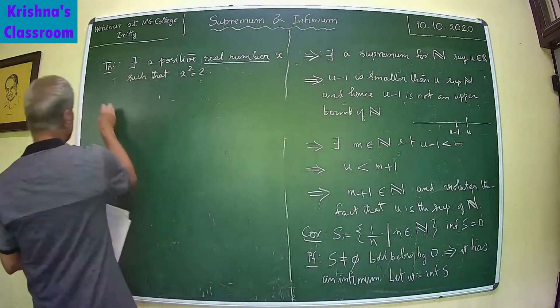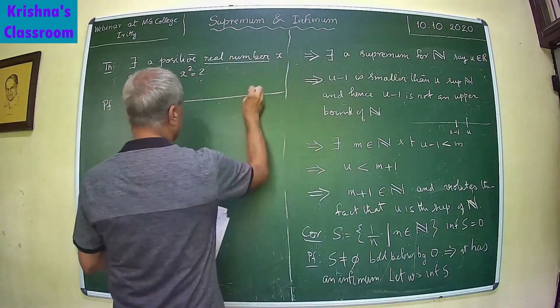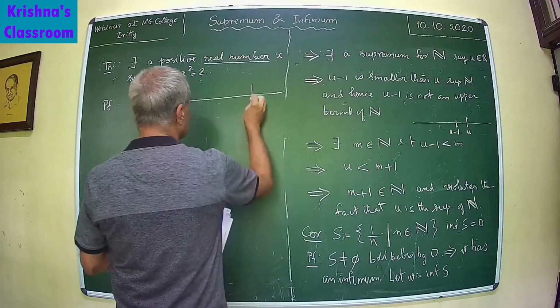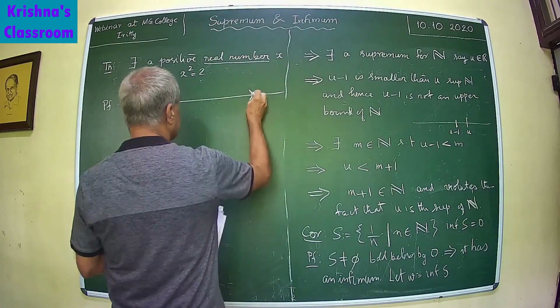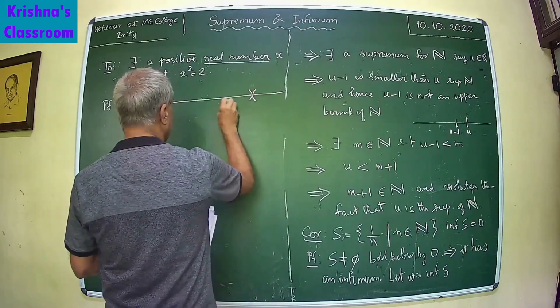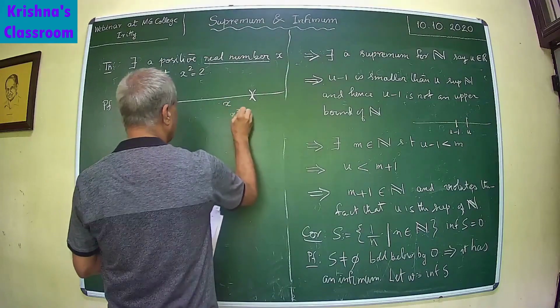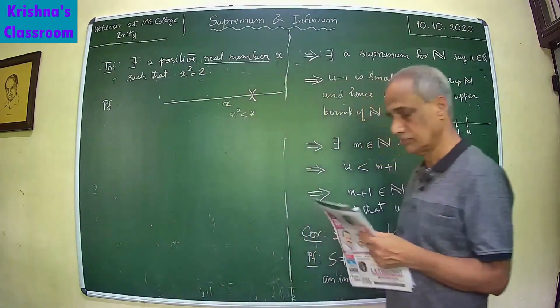On the real line, you choose a set S, the set of all x with the property that x squared is less than 2.